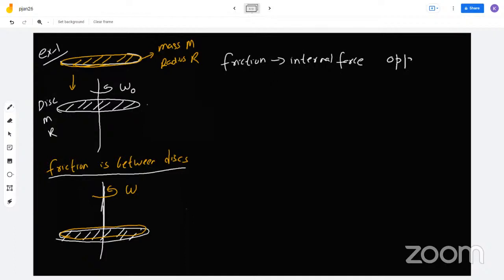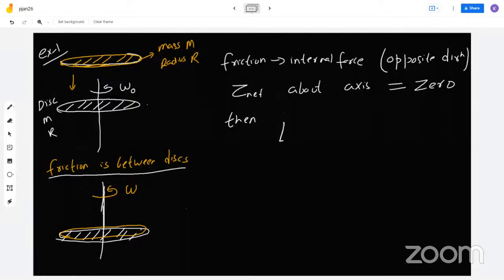Internal forces mean opposite directions, so their net torque about the axis will be equal to 0. That means you can conserve angular momentum. Then angular momentum is conserved.